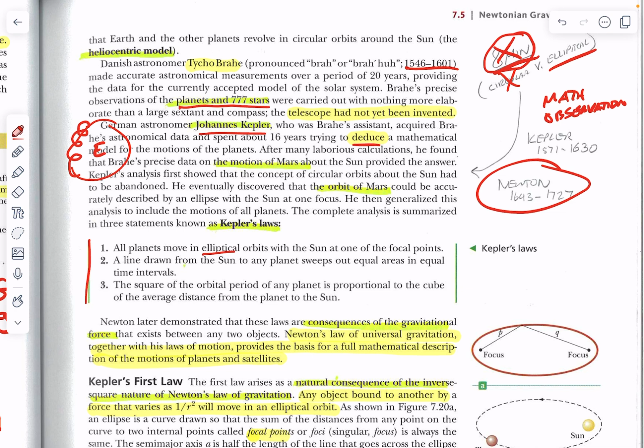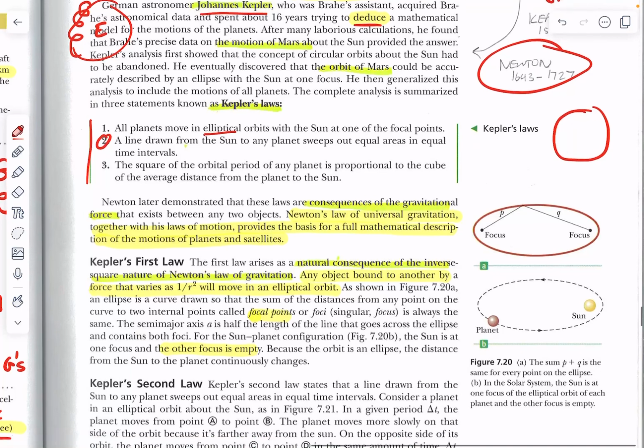I mean, you almost couldn't draw a more perfect circle, even with a compass, than the Earth seems to make around the sun. But indeed, it is elliptical, not perfectly circular. Number two, a line drawn from the sun to any planet sweeps out equal areas in equal time intervals.